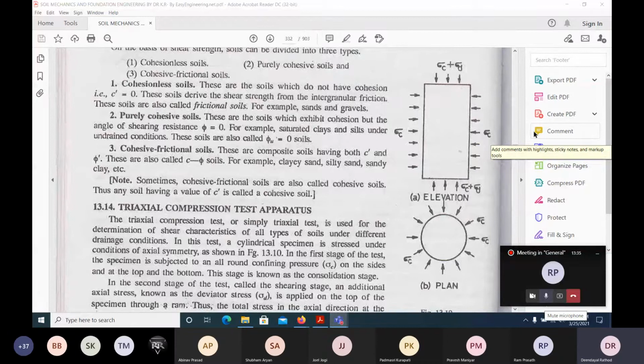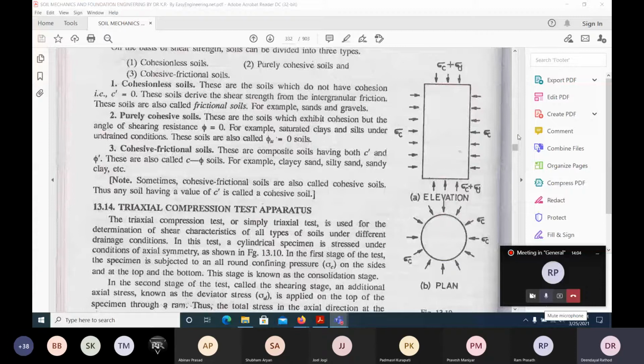We try to simulate the same thing here. We take a small cylindrical sample, and I will show some pictures so that you understand. All around it we confine it using water, and the water pressure confines it. Finally, we apply a deviator stress, an axial stress, which will try to shear the soil.